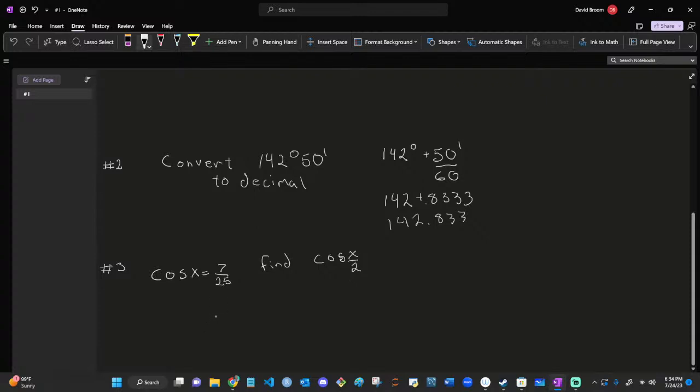So let me look up the half angle on a cheat sheet.